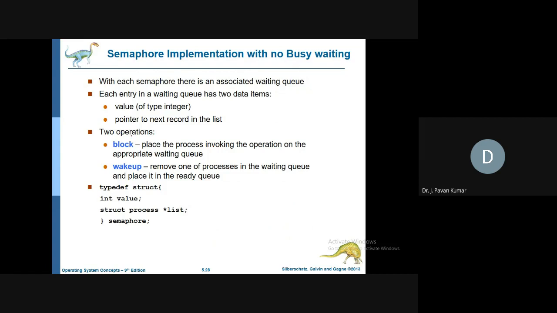That's why we have two other operations called the block operation and the wakeup operation. We use the block operation when we check the semaphore value: if it is greater than 0, then it is allowed. If the semaphore value is less than or equal to 0, then instead of busy waiting, we will do the block operation.